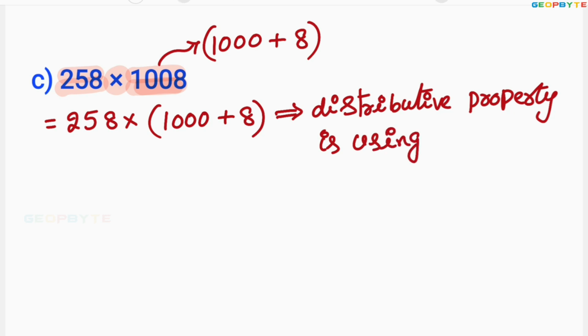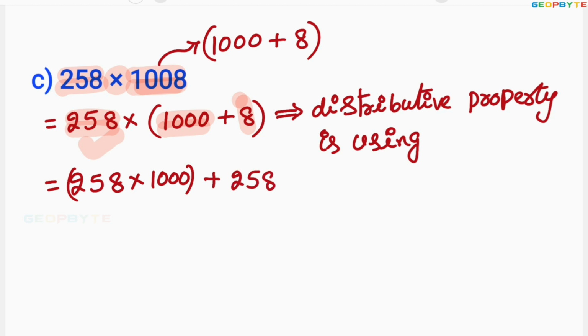Now it can be written as 258 into 1000 plus 258 into 8. Let me write that. 258 into 1000 plus 258 into 8.